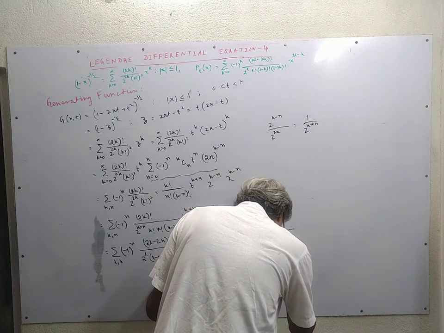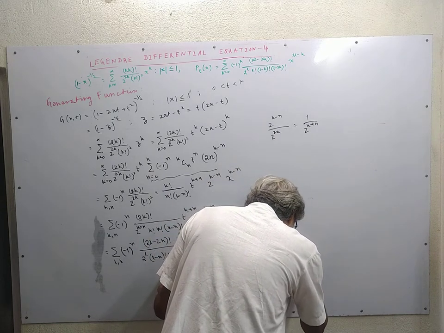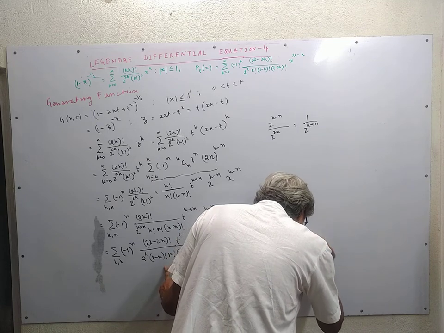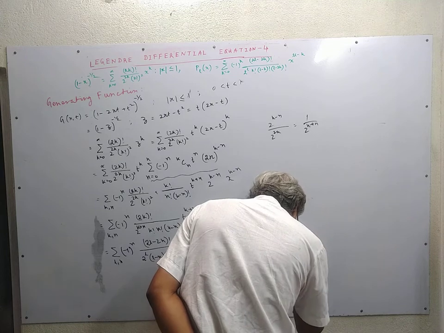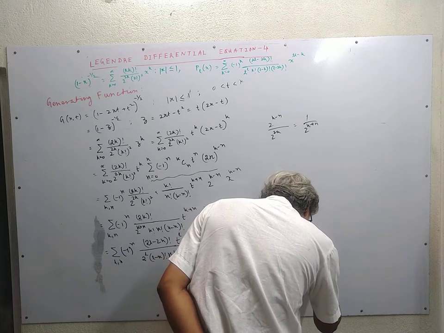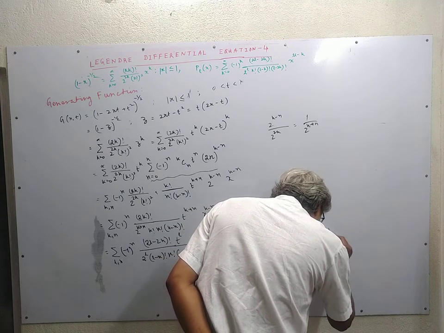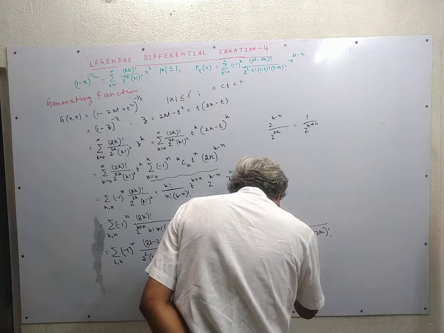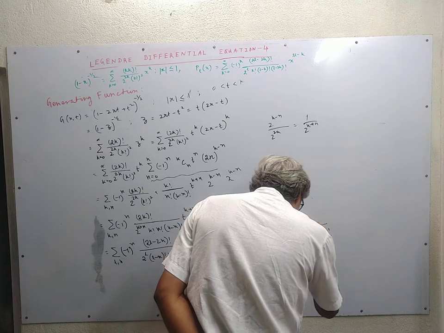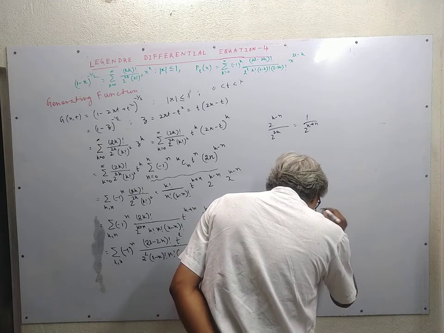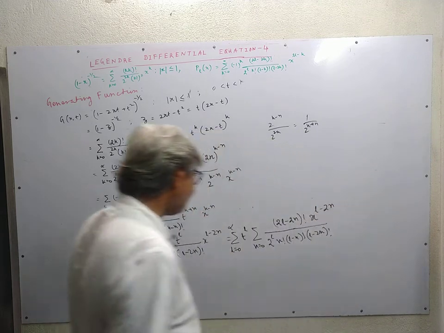n factorial, L minus n factorial, L minus n factorial, L minus 2n factorial. In the numerator we have 2L minus 2n factorial x to the power L minus 2n.